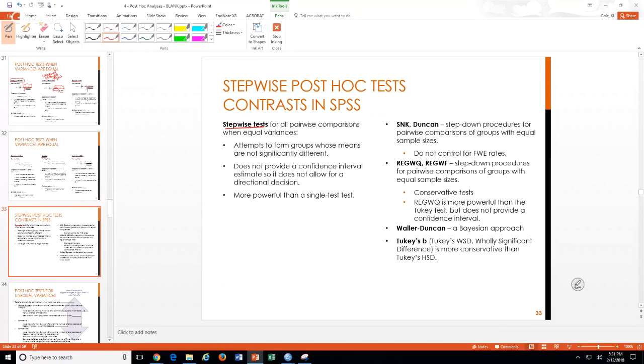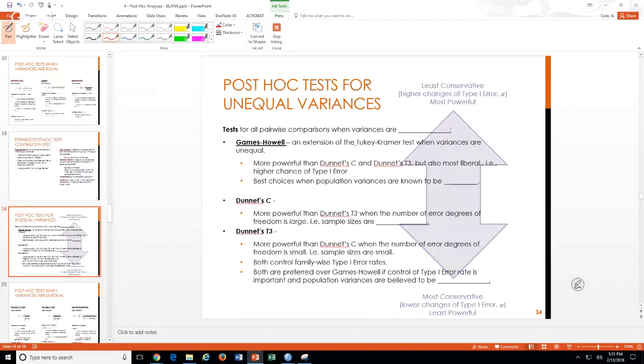So this might be the SNK or Duncan. There are different terms for these. I honestly don't ever use these. I would most often use Bonferroni, Tukey, something like that. But they're in SPSS, and I often have students say, well, what are those other ones? What are those ones we never use? This is just a little bit of information. The process of calculating them is slightly different.